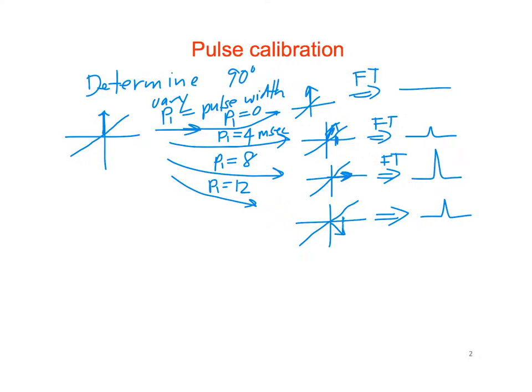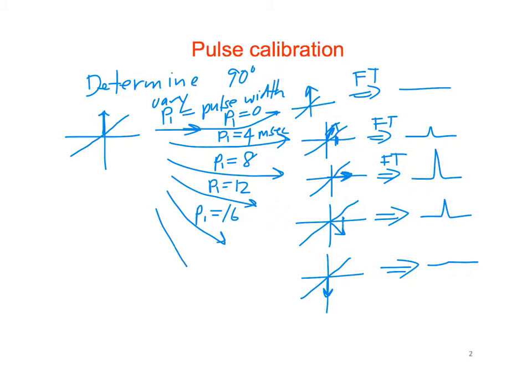If we did, let's say, P1 equals 16, it tips all the way down into the minus z. What do we get then? Nothing.